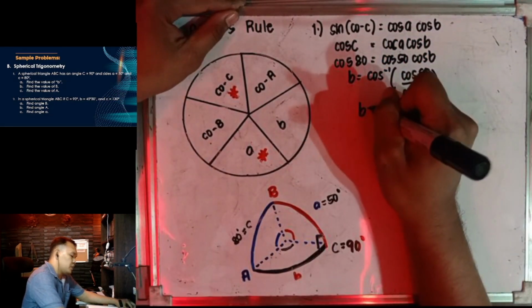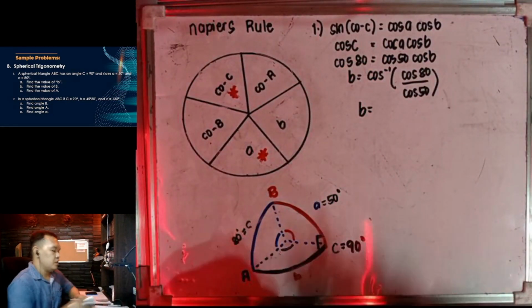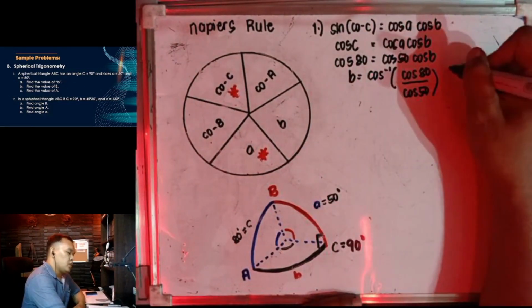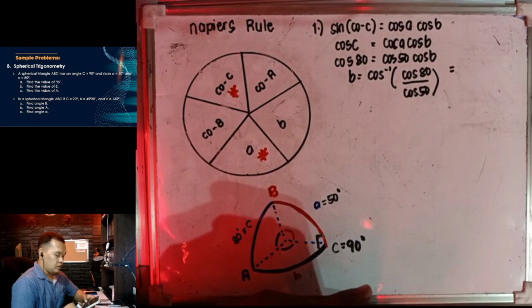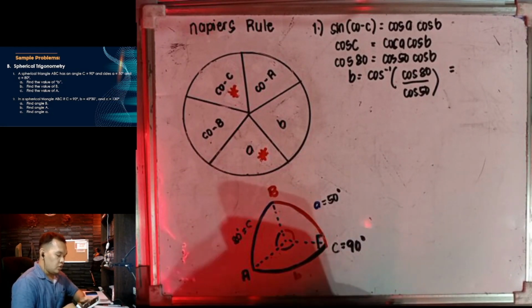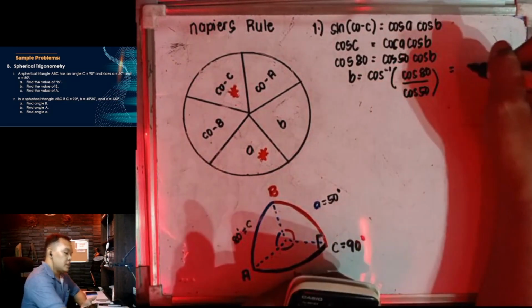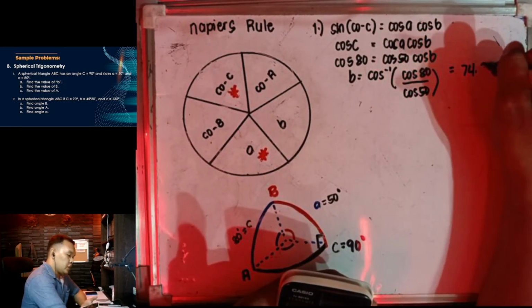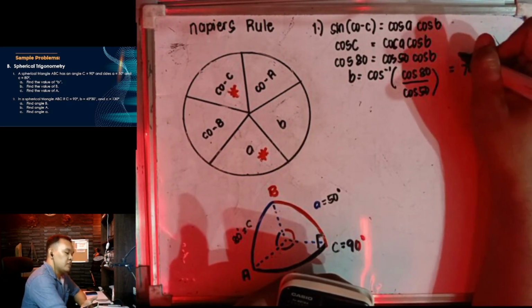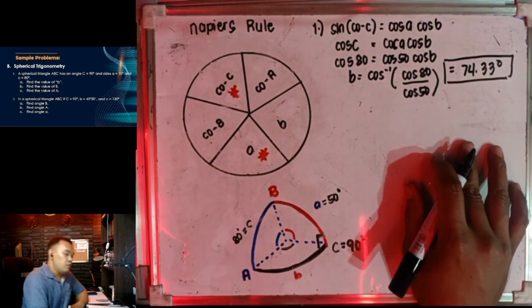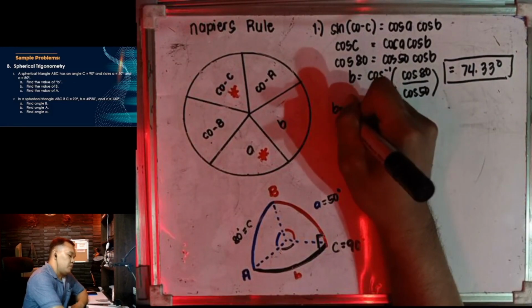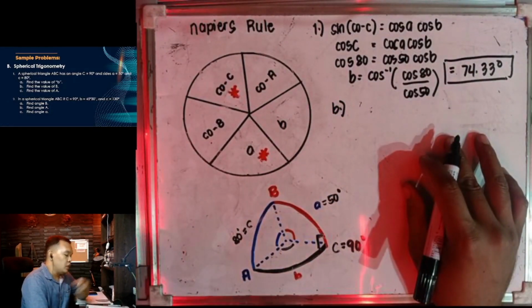So, value of b equals arc cosine 80 all over cosine 50. So we have here 74.33 degrees for the value of small b. Okay? For letter B, question, find the value of capital B.